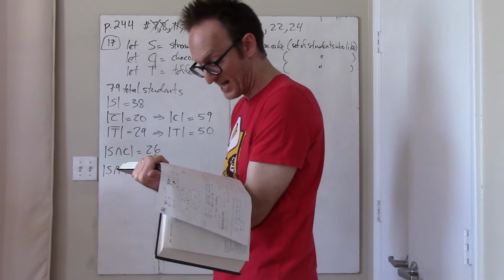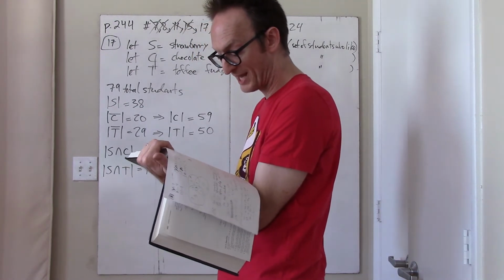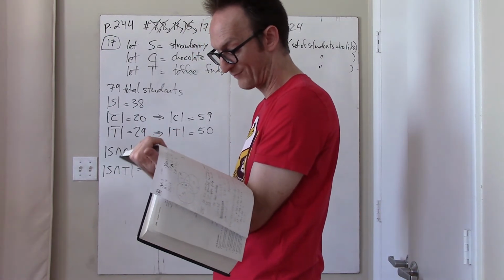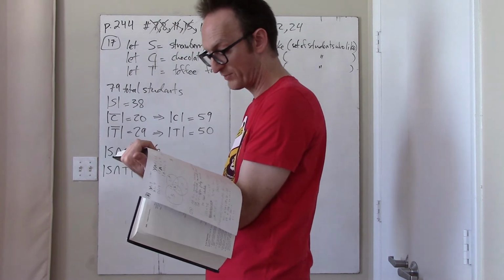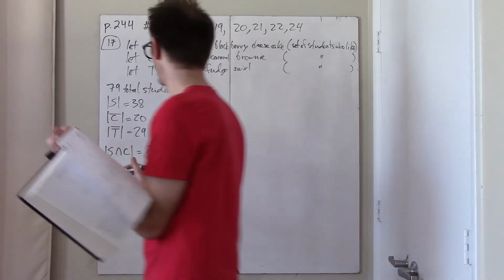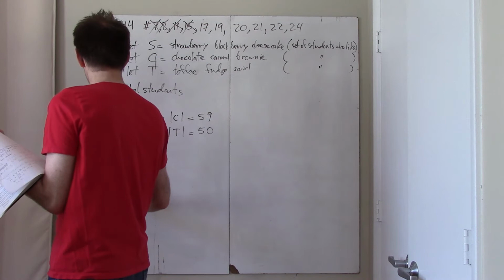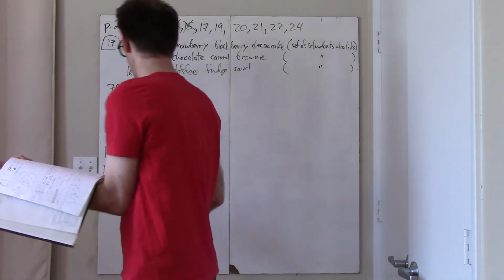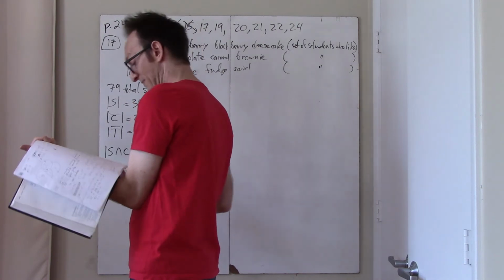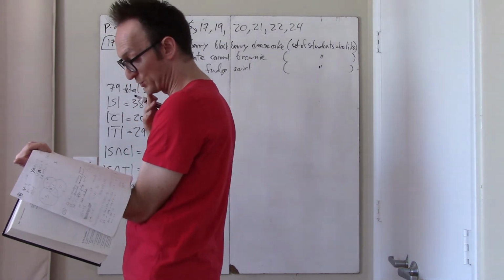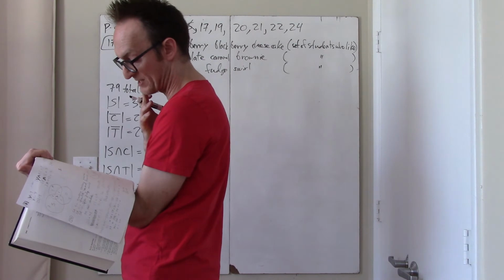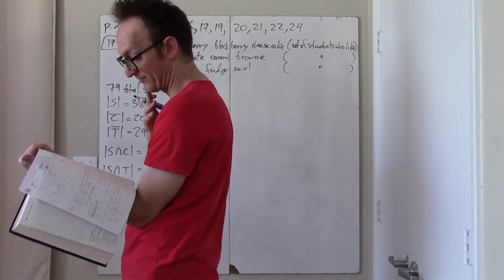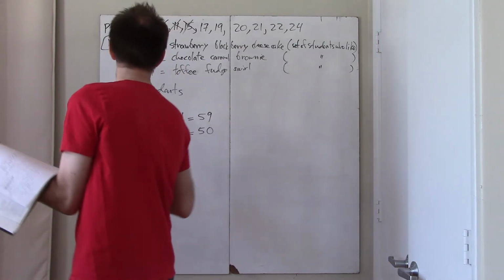Interestingly, 5 students claim that ice cream is their favorite food and believe that all 3 candidate flavors sound wonderful. Okay, so that means that they just like all 3 flavors. So S intersect C intersect T is 5, and then a few students, 2 to be exact, say that they dislike all 3 of the teacher's ice cream options.